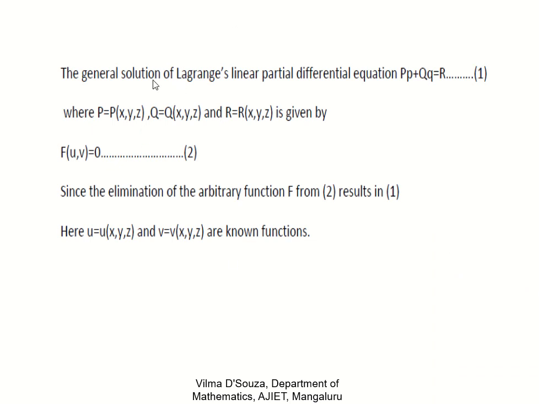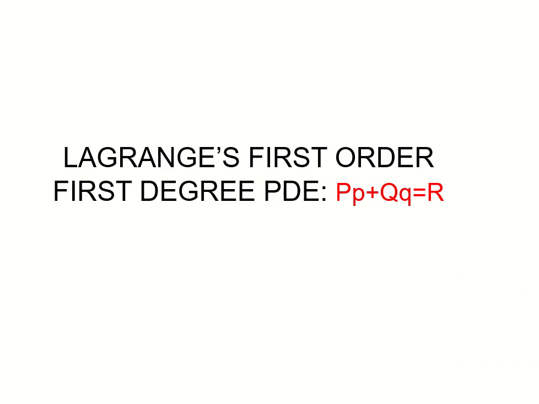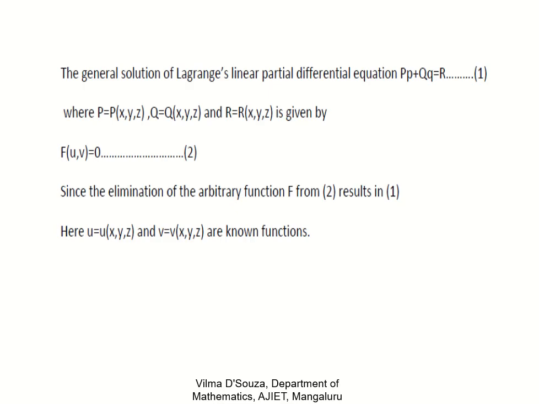Now the general solution of this Lagrange's PDE of the form Pp plus Qq is equal to R is given by f of u comma v is equal to 0. So how to find the solution? I will explain this. The solution of this Lagrange's PDE will be of the form f of u comma v equal to 0.